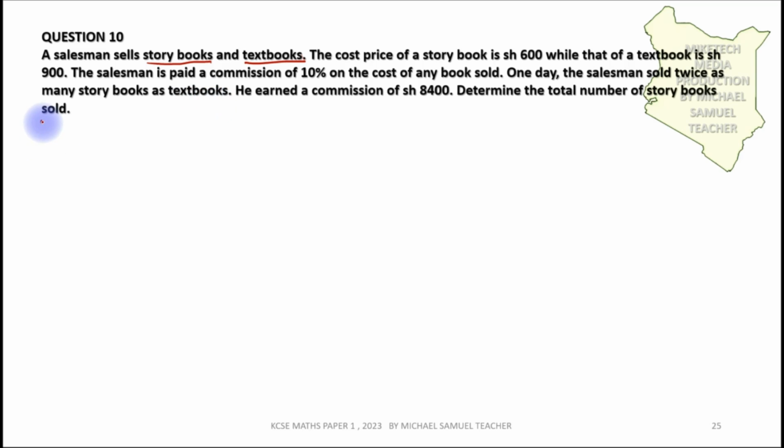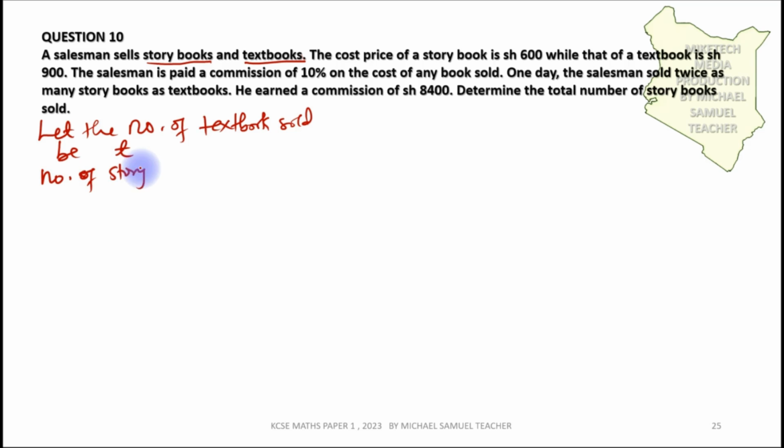So we can say let the number of textbooks sold be T. Therefore, the number of storybooks will be twice that of textbooks, so that will be 2T.